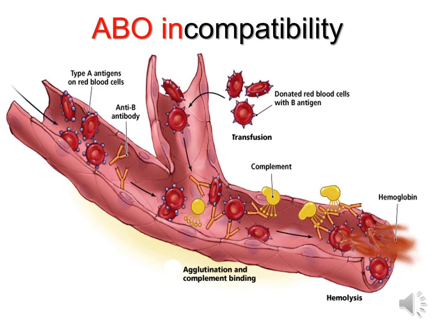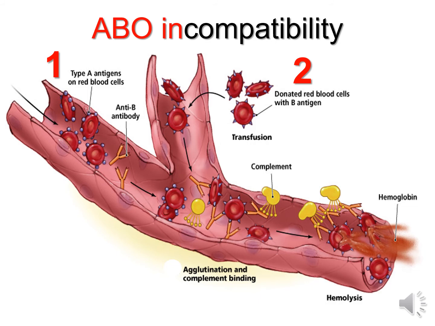When we look at ABO incompatibility, what actually happens? First of all, you've got type A antigens on your red blood cells, which means you've got anti-B antibodies if you're group A. We'll just be looking at group A in this situation. If the donated red blood cells have a B antigen, remember type A have anti-B antibodies.